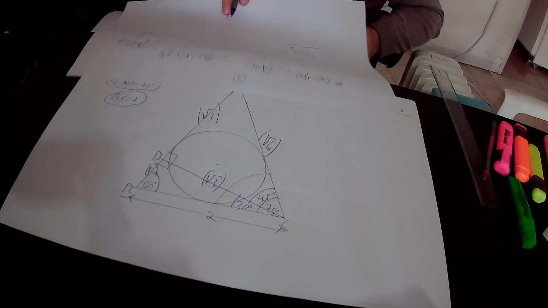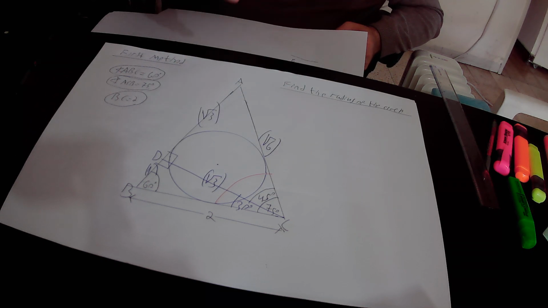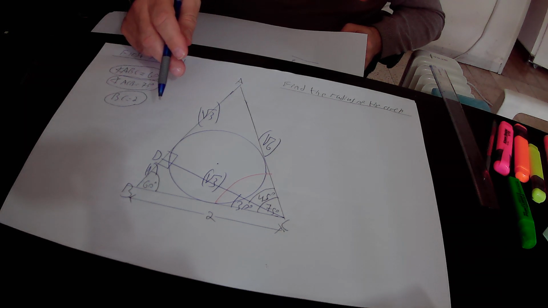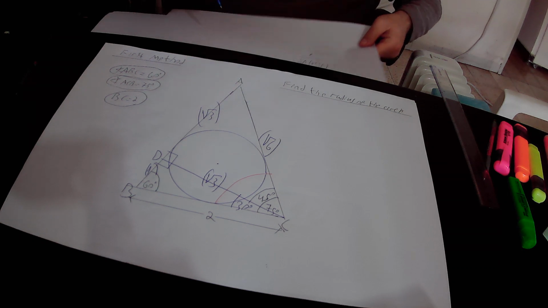The semi-perimeter of this triangle ABC equals the perimeter over 2. The perimeter of this triangle ABC is the sum of its side lengths, that is to say it is AB plus BC plus AC.